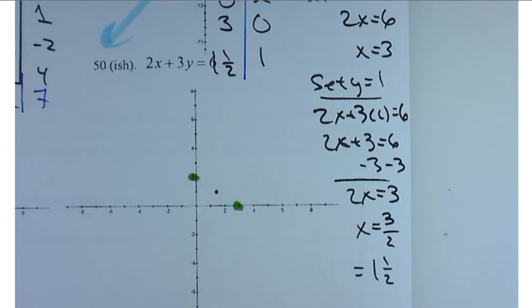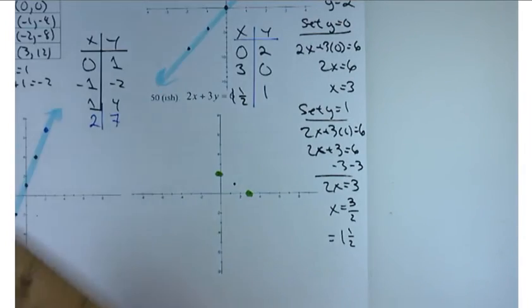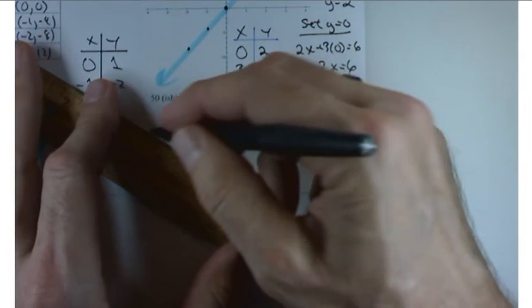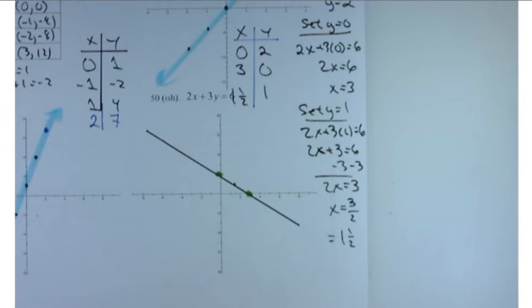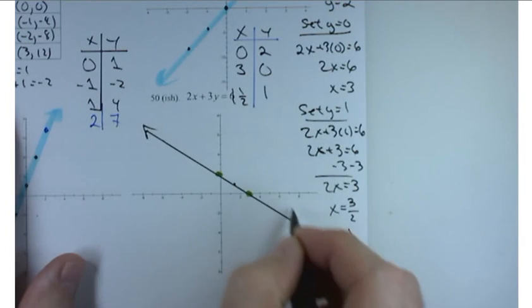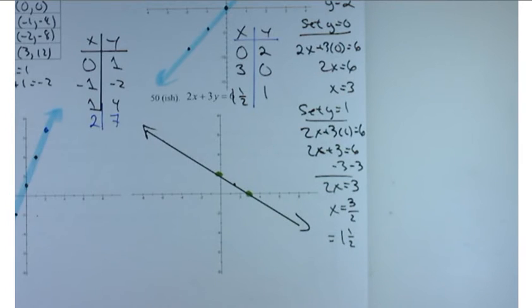Okay, so just kind of zoom out a second. There's your graph. All 3 points lie on the same nice, neat, straight line. And everything is good.